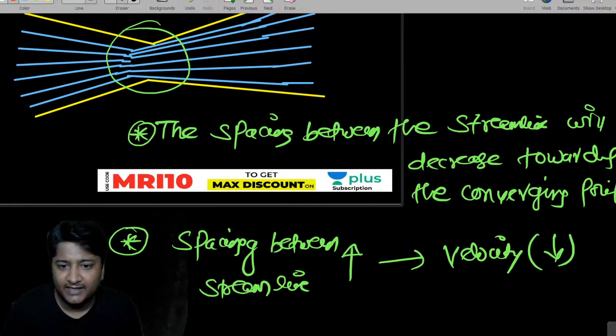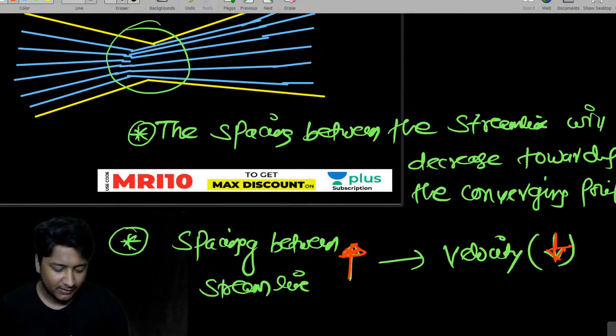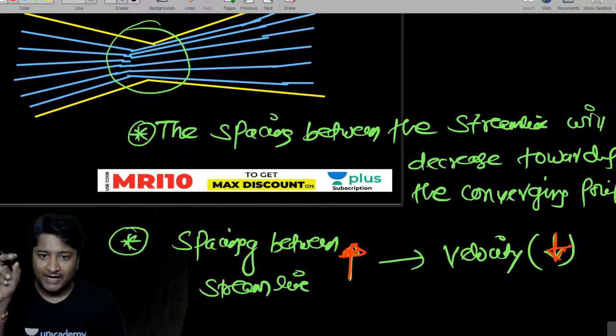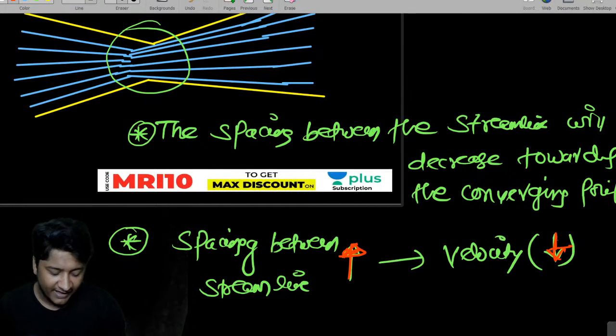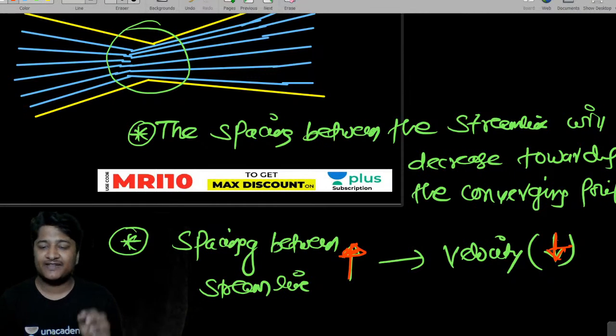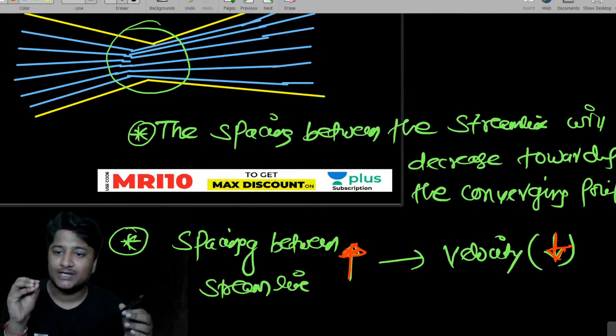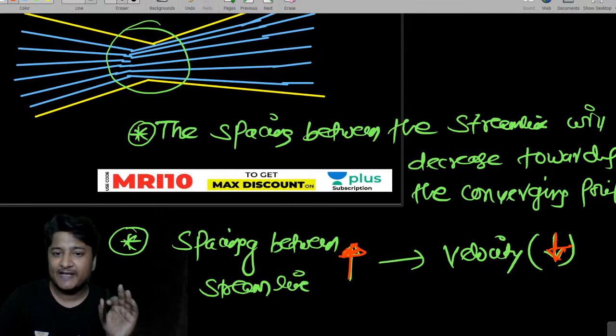Remember this point. These two points are very important for you. The spacing between the streamlines will decrease towards the converging point.